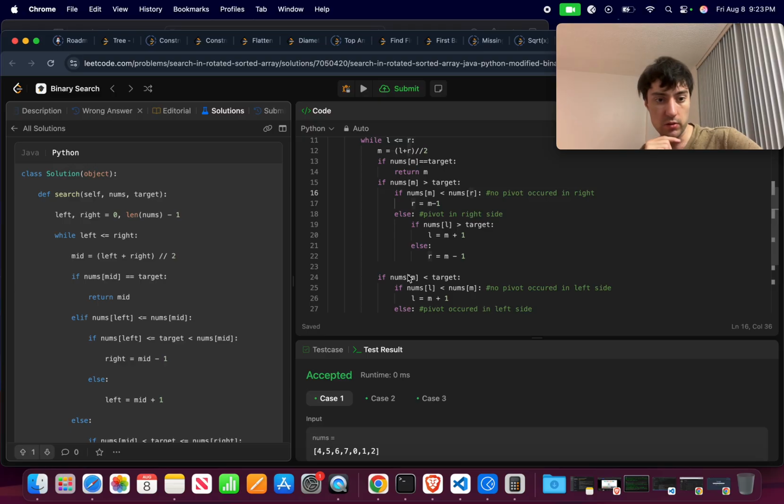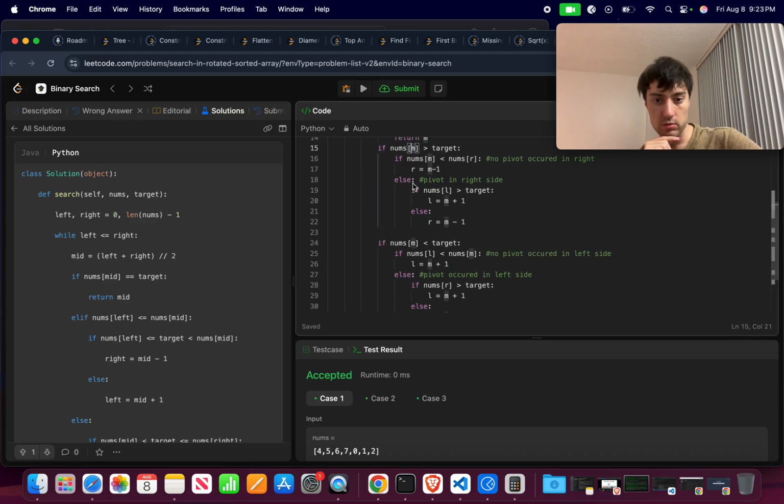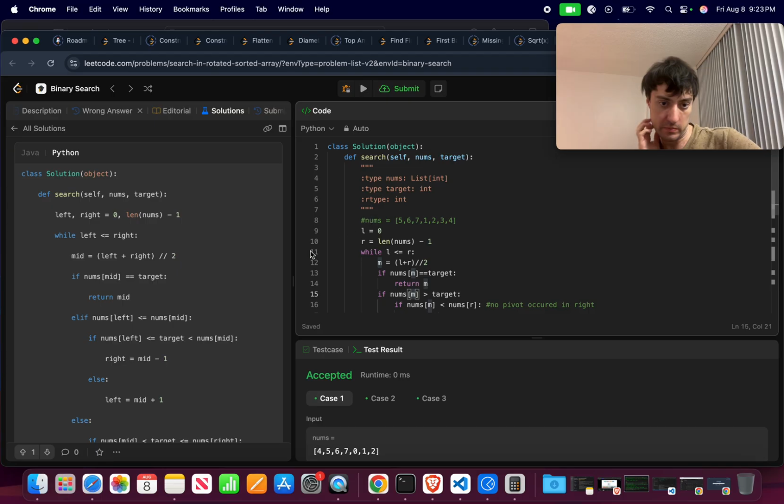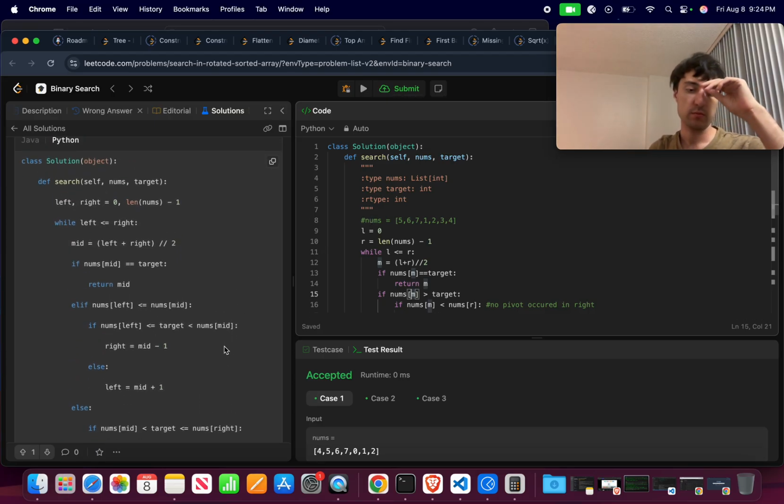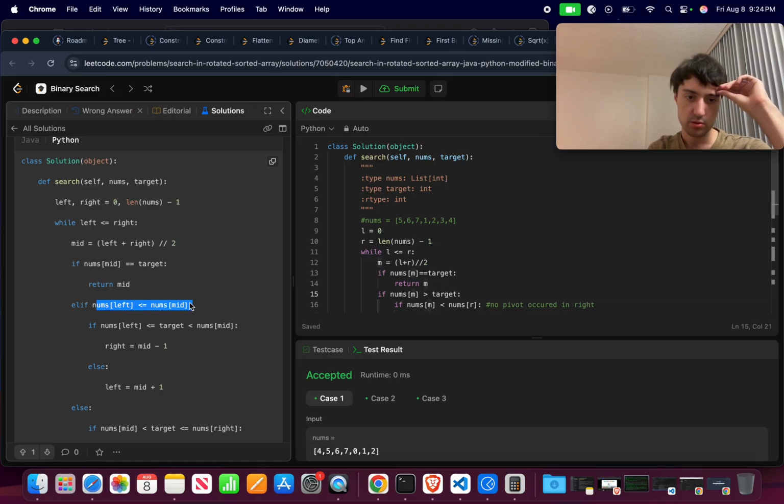So nums of, what's going on right here? The left is smaller than my mid.